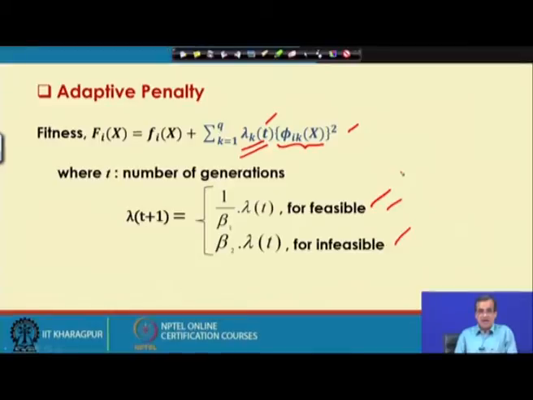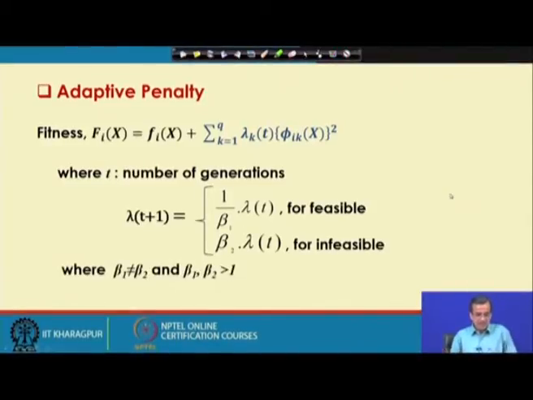And if there is a violation, that means for an infeasible solution, I will use lambda t plus 1 equals beta 2 multiplied by lambda t, where this beta 1 and beta 2 are greater than 1 and beta 1 is not equal to beta 2.